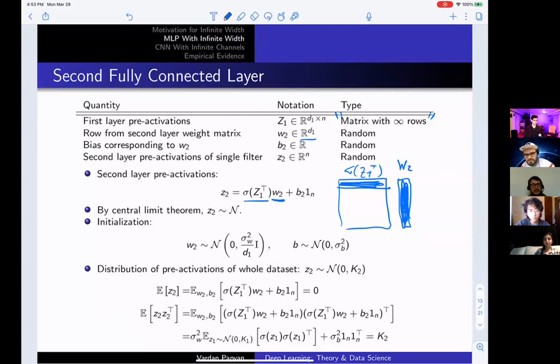Amazing theorem. So basically the fact that the dimension tends to infinity implies that we're summing infinite random quantities, which implies that we probably have something like a Gaussian distributed variable.